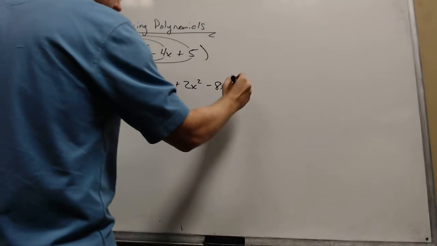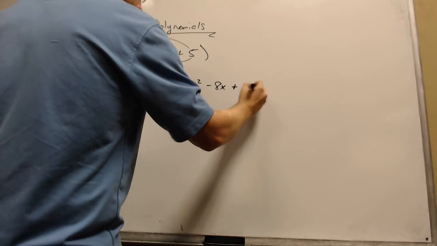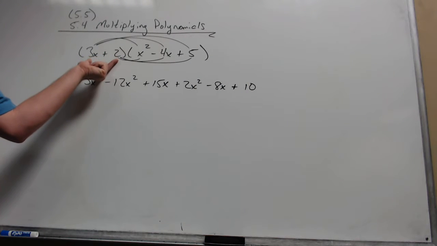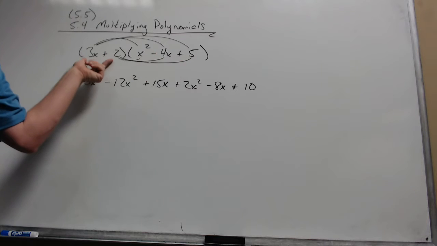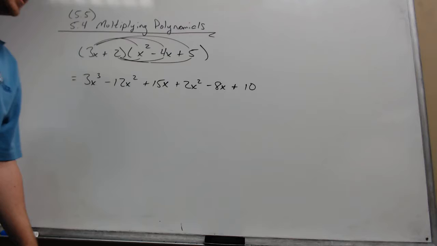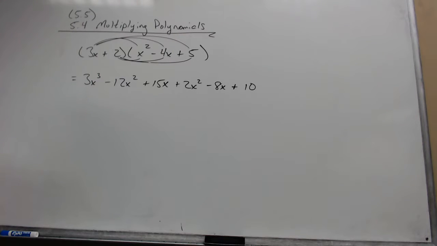And 2 times 5 would be 10. Okay, so we have a 2-term expression times a 3-term expression. 2 times 3 is 6. That would mean I better have 6 terms down here, because I did 6 pieces of multiplication.